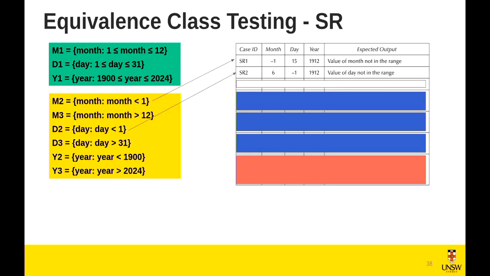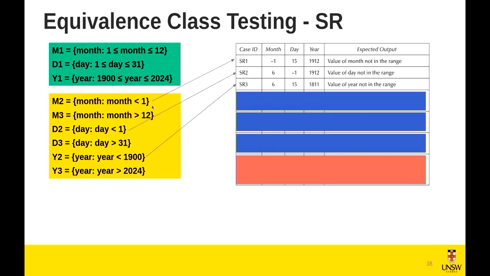And we can also consider the equivalence class of year smaller than 1900. So this will give us another test case. And what else should we do next? We have finished the test case generation with all the inputs, with only one invalid input.